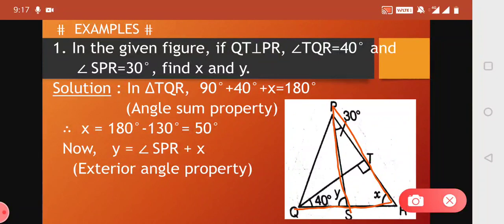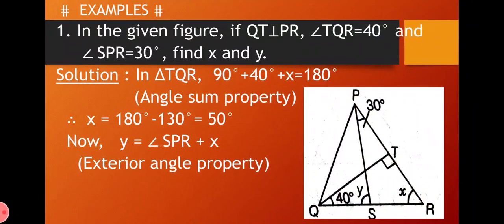So Y will be equal to sum of interior opposite angles, that is angle SPR, this is given as angle SPR, plus this angle that is given as X. So we write Y equal to angle SPR plus X according to exterior angle property.